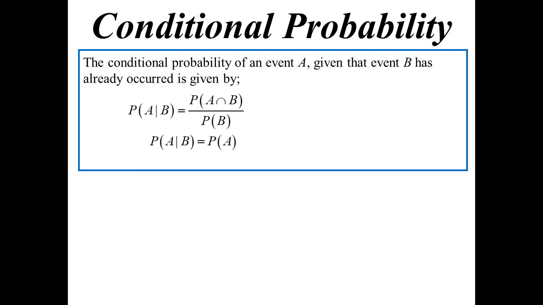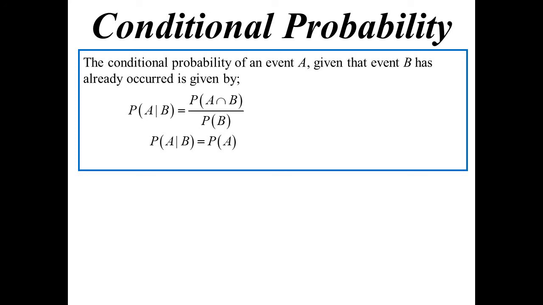The formula for it is this. The notation you'll see is A and a vertical line B, which means the probability of A given that B has happened. It will end up being the probability of the intersection of A and B divided by the probability of B. That's a way of working it out.